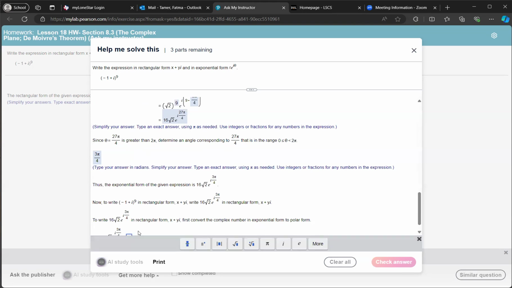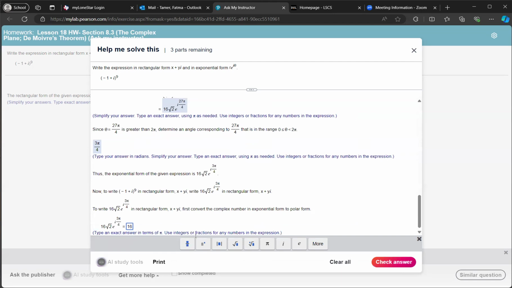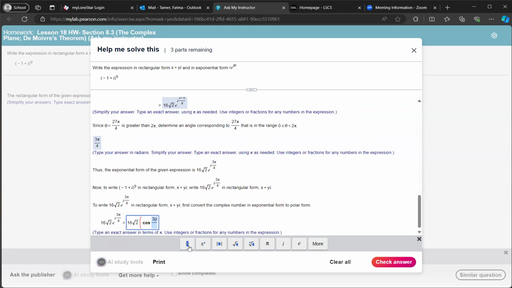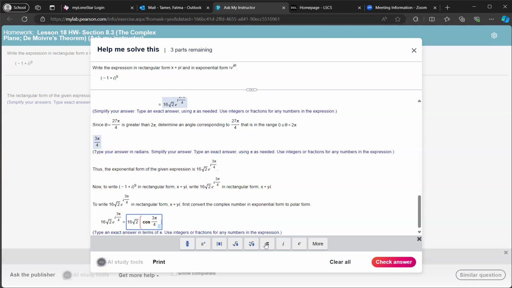And then polar form means 16 radical 2 parentheses cosine of the angle, and in this case it is 3 pi over 4, plus i sine of 3 pi over 4.